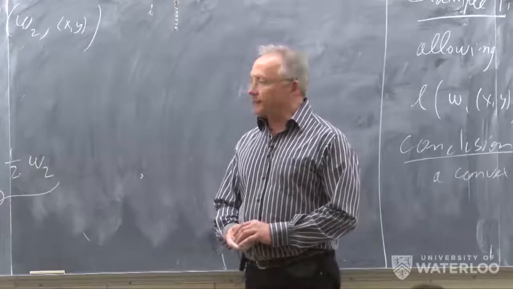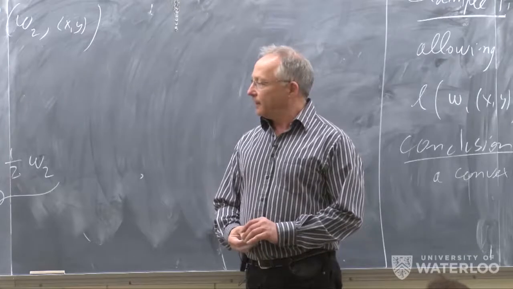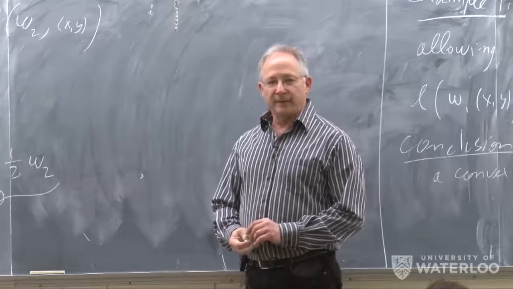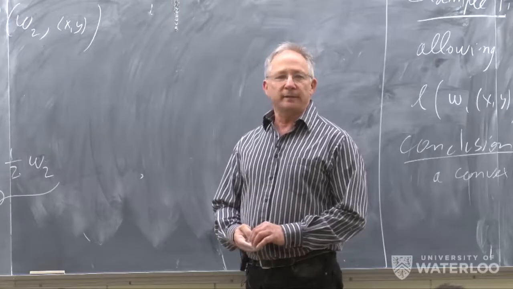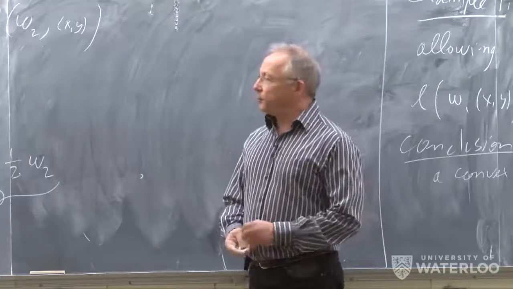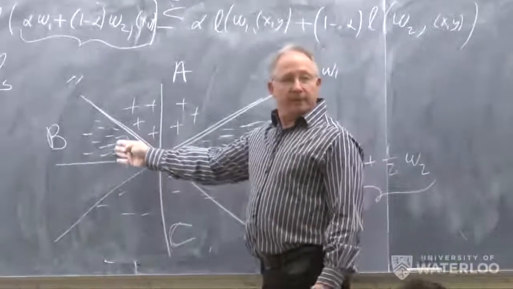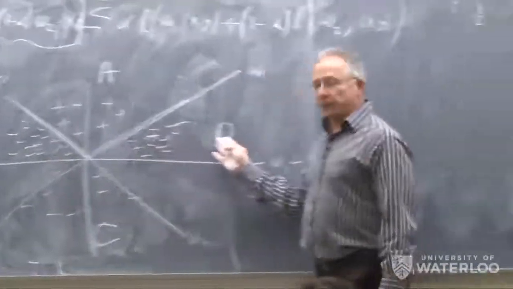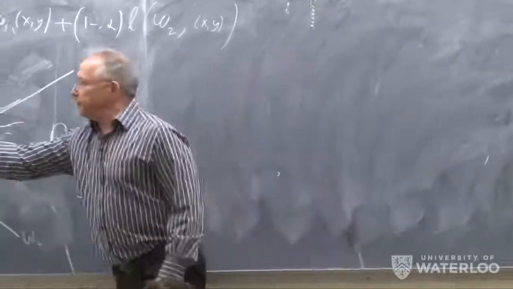In which areas does this vector miss? On which regions does this guy make a mistake? Yes. Both B and D. So W1 only mispredicts here. W2 only mispredicts here. The combination mispredicts on both B and D.